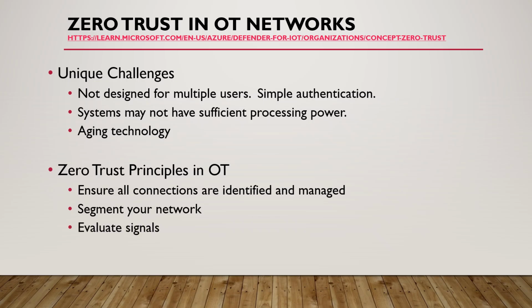Evaluate signals like device location, health, and behavior using health data to gate access or flag for remediation. And finally, continue to monitor security metrics such as authorized devices and your network traffic baseline to ensure that your security perimeter retains its integrity as changes in your organization happen over time.